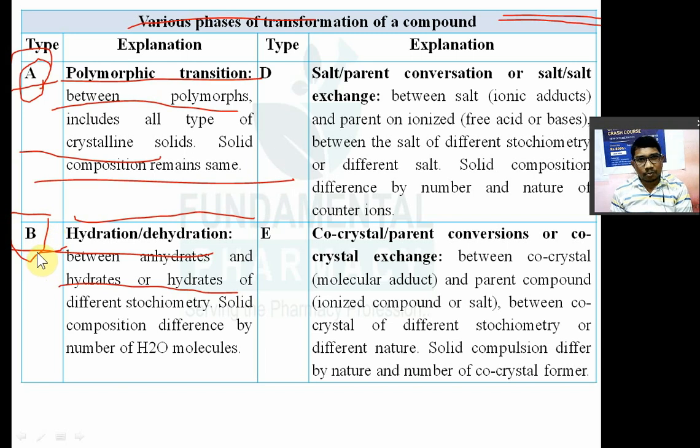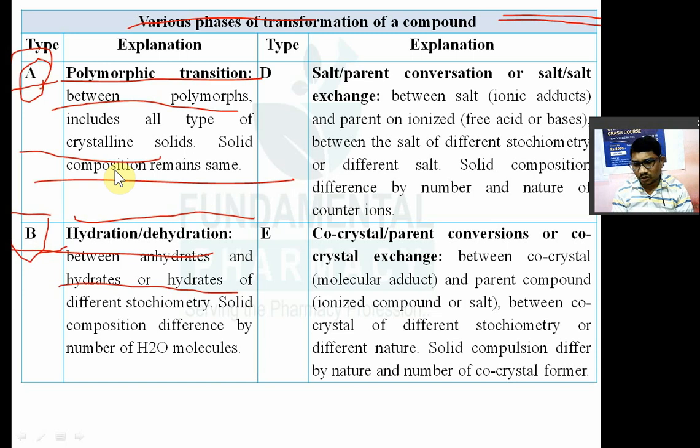Phase B of transformation of compound is nothing but the transition between hydration and dehydration. मतलब अगर कोई हाइड्रेट फॉर्म है या फिर कोई अनहाइड्रेट फॉर्म है, so how a hydrous form will convert into anhydrous form, that transition is nothing but phase B of molecular transformation.